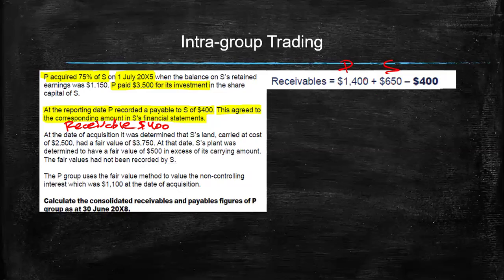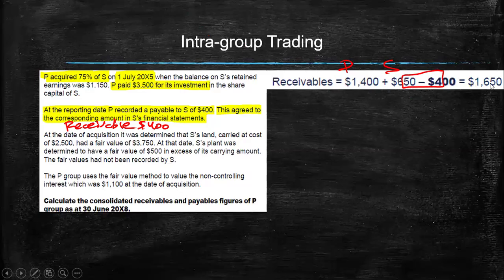We'll add them when we prepare the consolidated statement of financial position. And from these amounts, we will subtract the 400 that is receivable between them to get the final receivables amount to be included in the statement of financial position, that is 1650.